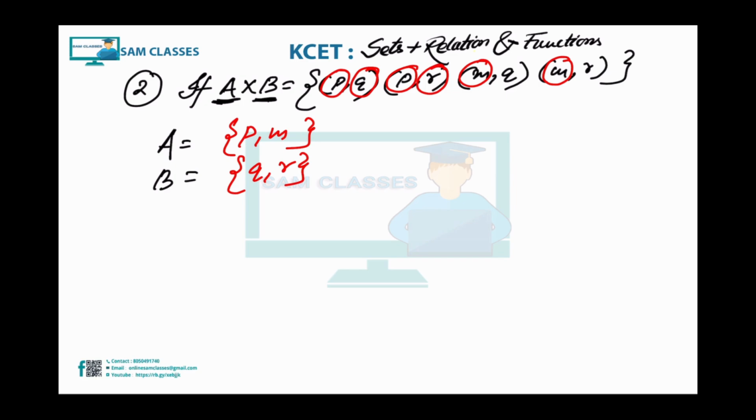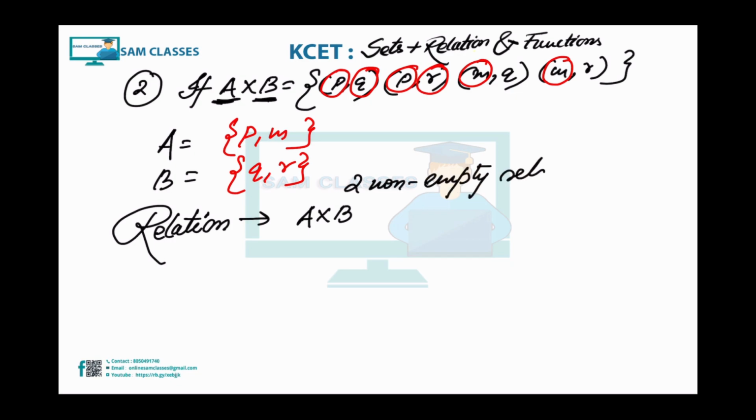Now let's come to the second part. What is a relation? So we all know what a relation is, correct? So let's see, in mathematics, what do you mean by a relation? A relation has a very simple definition. We did A cross B, correct? We took two non-empty sets, A and B, and we did their Cartesian product.